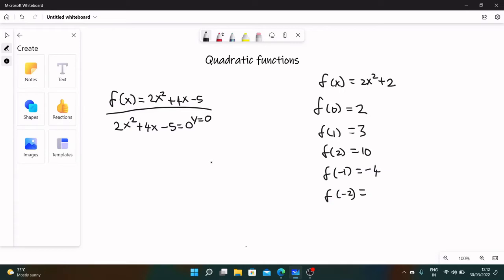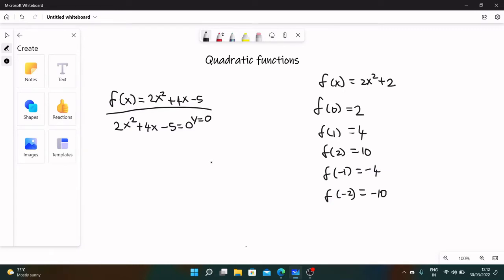Actually, this over here won't be 3, this will be 4. And then f of minus 2 will give us 10. These are the values that we have.